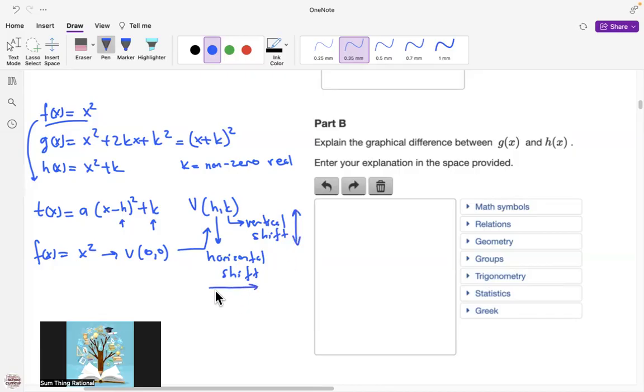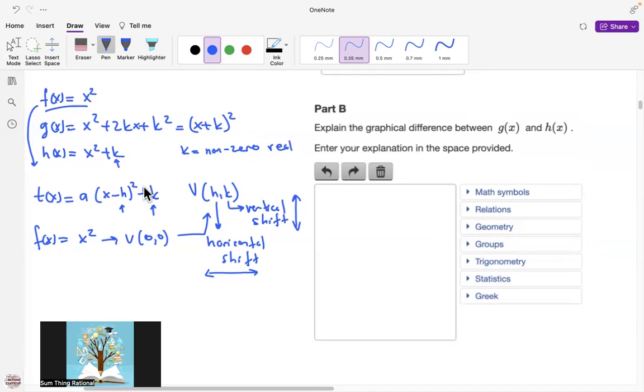Horizontal shift is right or left. When we add something in parentheses, it becomes a horizontal shift. When we add something outside of the parentheses, like this k, it becomes a vertical shift.